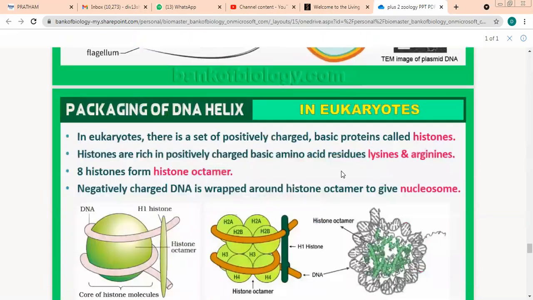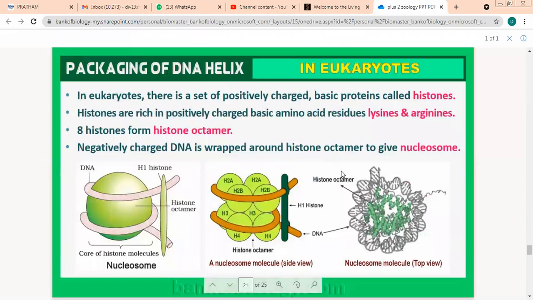Let's talk about eukaryotes. In eukaryotes, again, we have positively charged proteins, which are called histones. Here also we have positively charged proteins, but the organization is a little more systematic in eukaryotes. These histones are basic in nature.